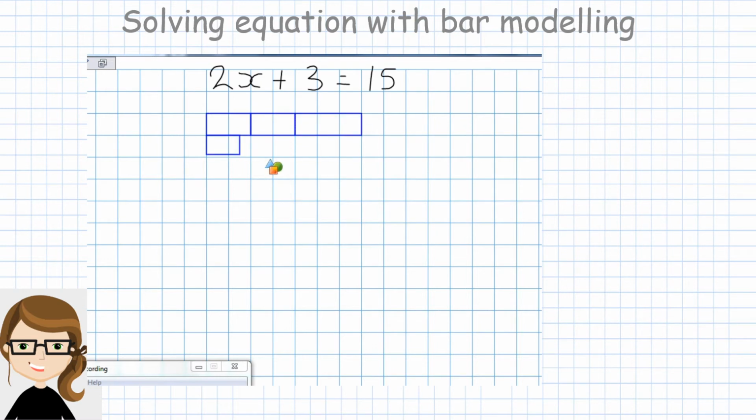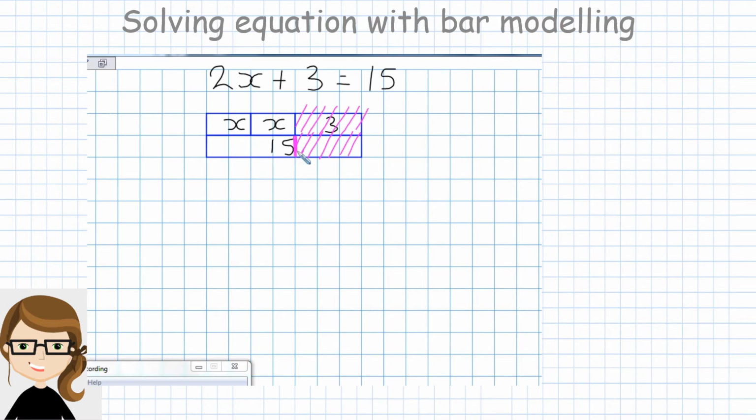So I've drawn my bars. I've got, and I'm just going to label them, x and another x because there's 2 of them, and a 3 is the same as 15. 2x plus 3 is the same as 15. What I need to now do is get rid of the same amount from each bar to make them balanced.